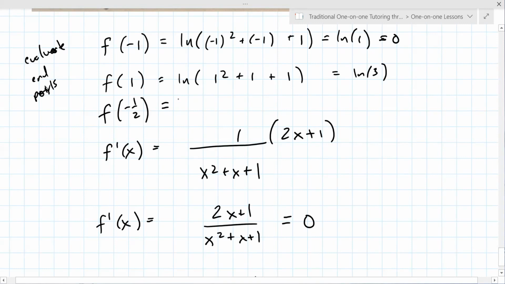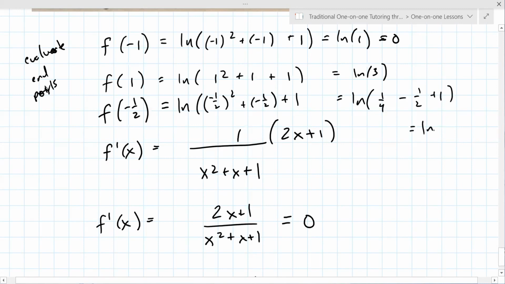So it's natural log of -1/2 squared plus -1/2 plus 1. This one's nasty. So it's natural log of 1/4 minus 1/2 plus 1, so it ends up being the natural log of 3/4.